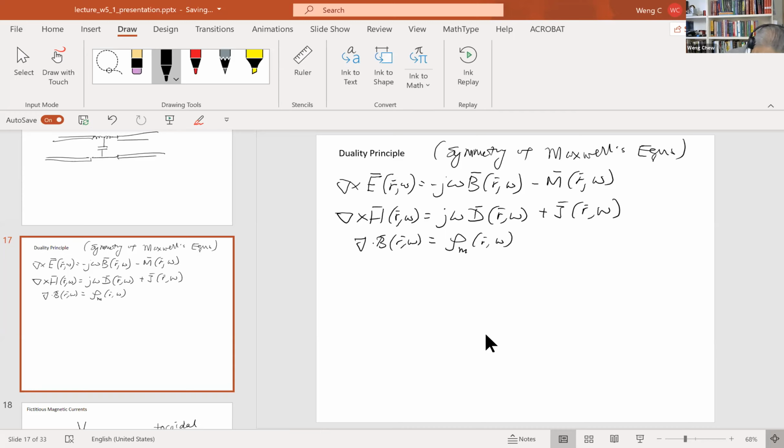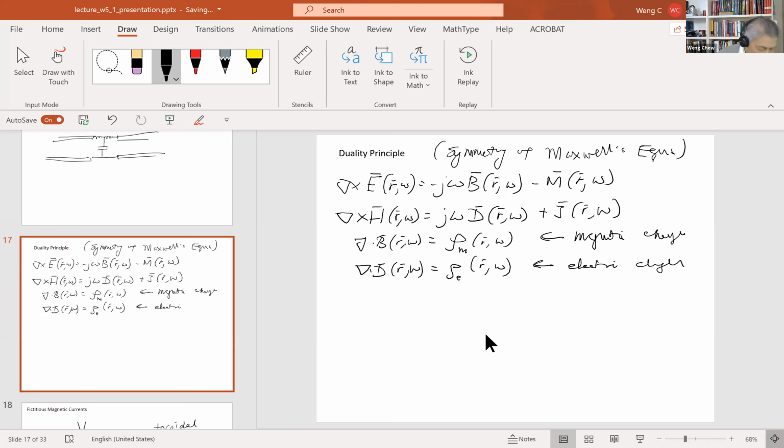And then I will have divergence of D, which is a function of r and omega, equal to rho sub E. This is electric charges. The other one is magnetic charges. This is magnetic charges. This is electric charges.